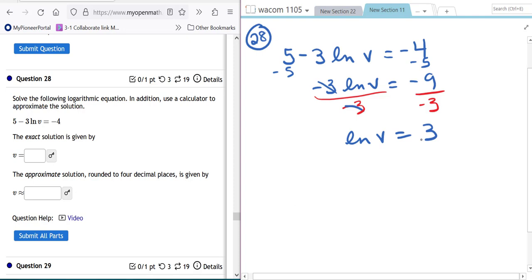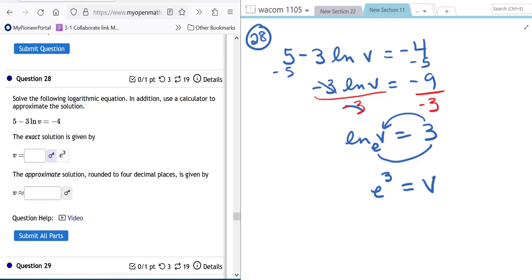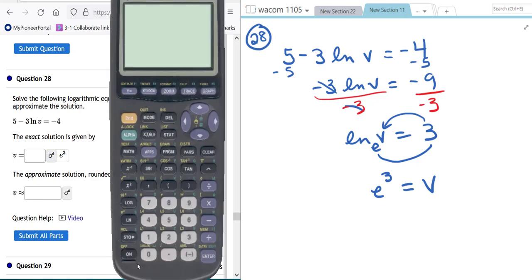Now you're going to change form. Remember, your base here is e, because you want to solve for v. e to the third is going to equal v. And that is the exact answer. To approximate it, in your calculator, get your e, so second and divide has the e to the third.